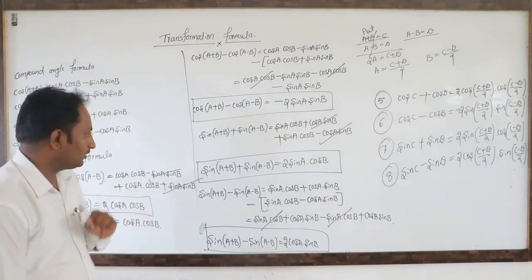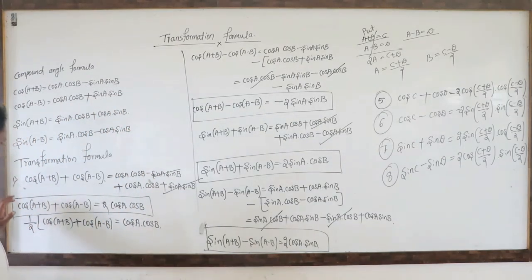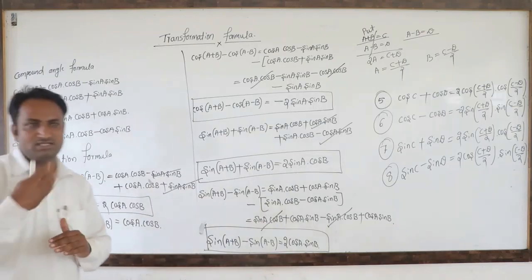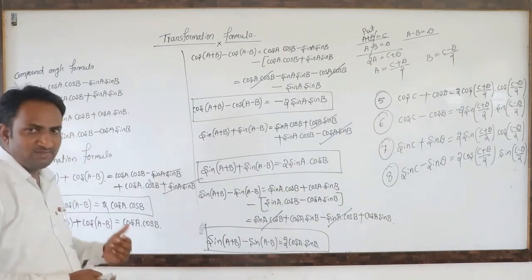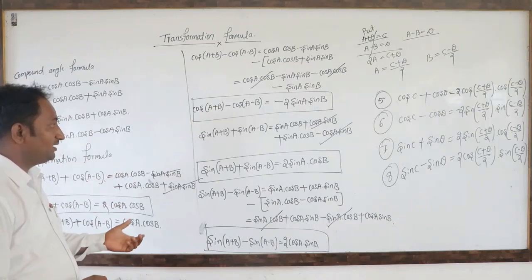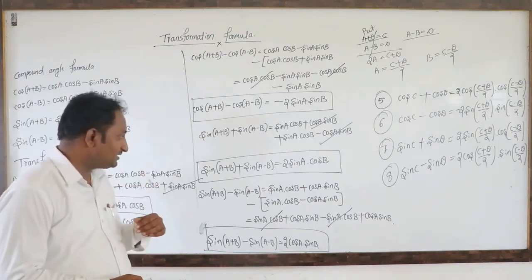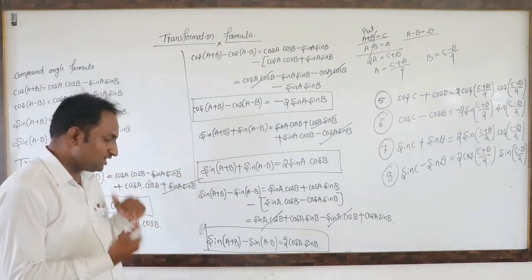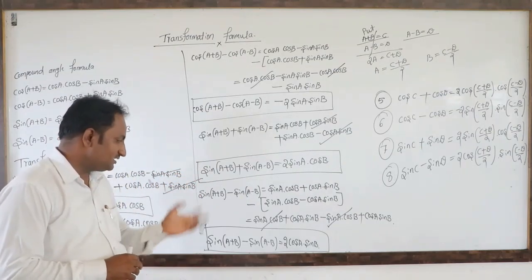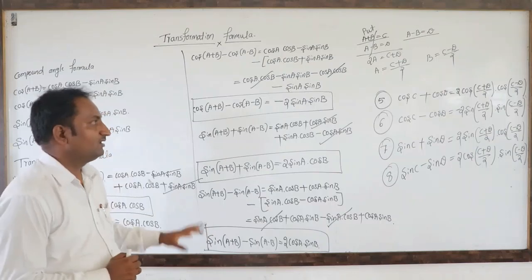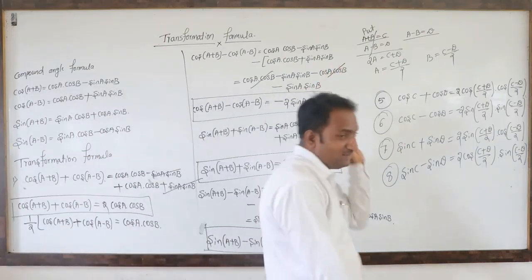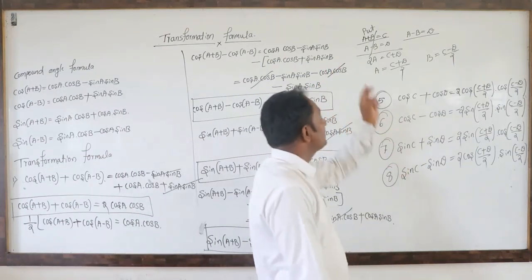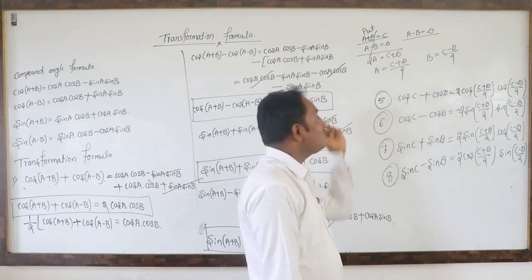Here, very important one: cos of a plus b plus cos of a minus b, cos of a plus b minus cos of a minus b, sine of a plus b plus sine of a minus b, sine of a plus b minus sine of a minus b. Here, in place of a plus b, we substitute c.